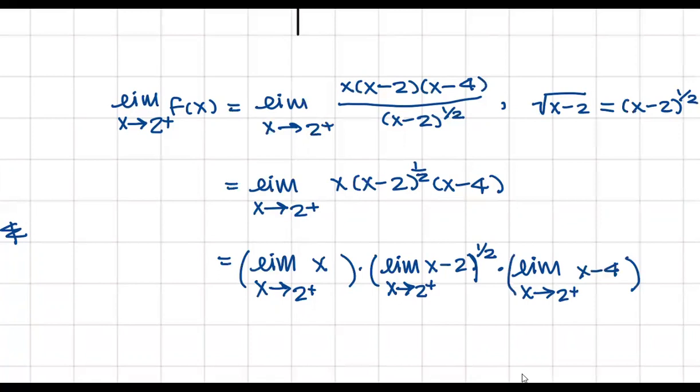So now we can just go ahead and plug it in. We get 2 times 0 times negative 2. Well, anything times 0 is 0, so our answer is 0.